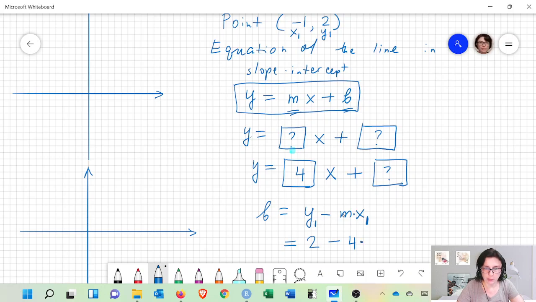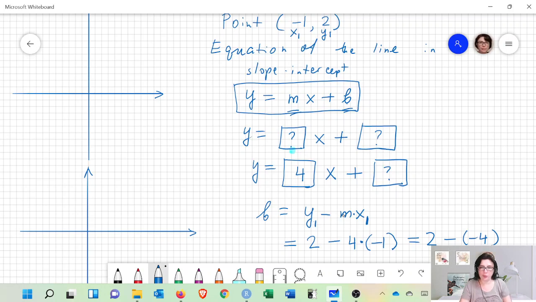Multiplication, times x1, and we're plugging in x1, that's -1. So it's y1 minus slope times x1. Let's see if we can compute that. So this is going to be 2, and then 4 times -1, that's -4. And when we're subtracting a negative, that's really adding, right? So we got a 6.